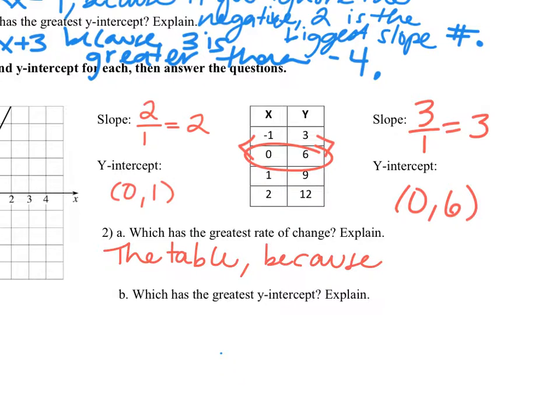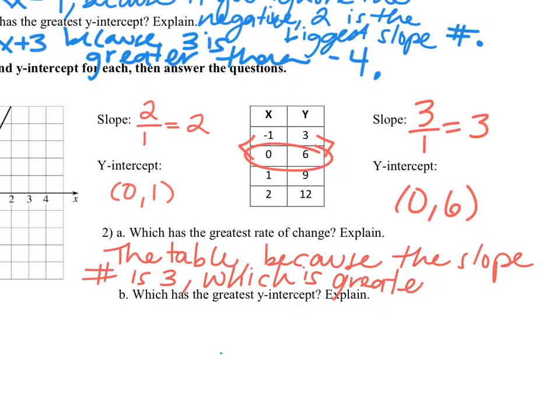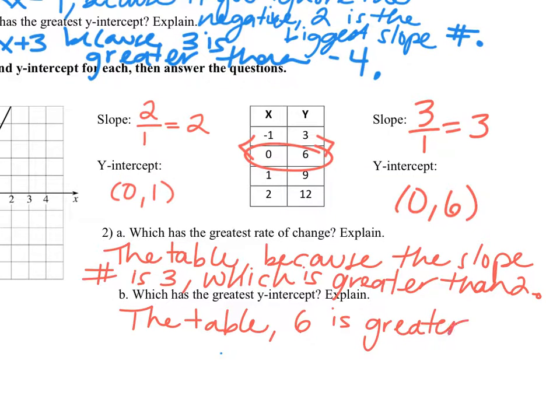Because the slope number is 3, which is greater than 2. And how do you know, Grace? The y-intercept is positive 6, while the one for the graph is positive 1. Great. 6 is greater than 1.